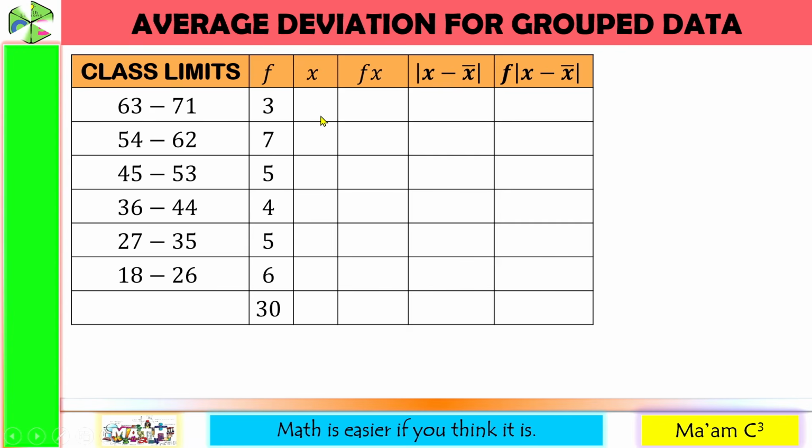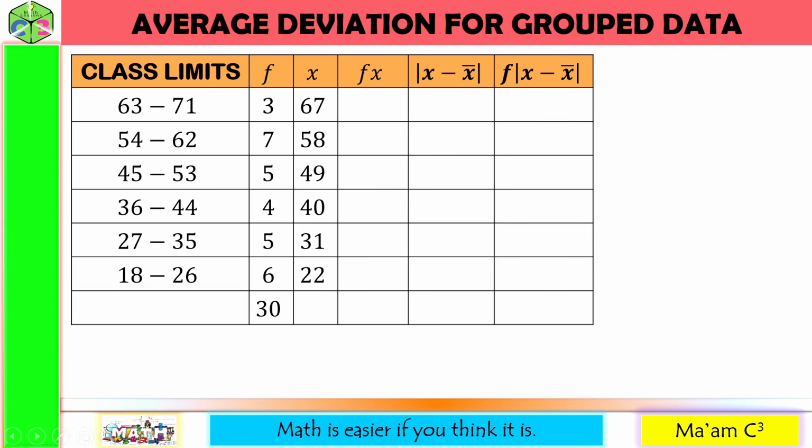And that will give us 67. 54 plus 62 divided by 2 will give us 58. 45 plus 53 divided by 2 will give us 49. 36 plus 44 all over 2 will give us 40. 27 plus 35 all over 2 will give us 31. 18 plus 26 is 44 divided by 2 will give us 22.